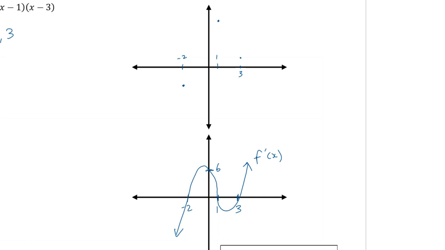So where do I start if I'm decreasing to a turning point here? Because I'm either doing this or I'm doing this. Which one is it? Check. So I have to be coming down like this. Turning point. Turning point.